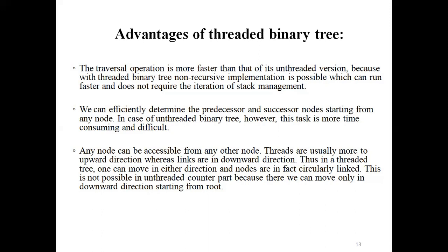In case of an unthreaded binary tree, this task is more time consuming and difficult, because in an unthreaded binary tree we can traverse in only one direction, from top to bottom of the tree. But in case of a threaded binary tree, we have the option to traverse in both directions.